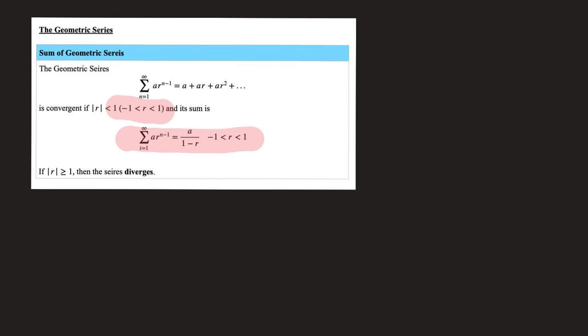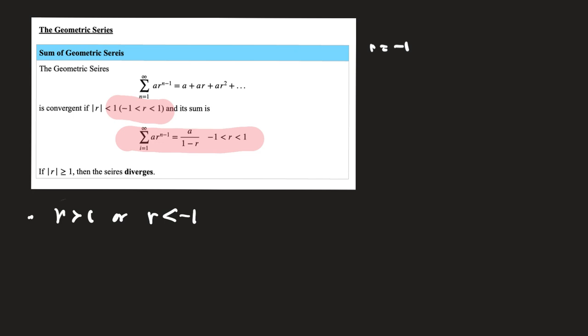And we proved that r equal to 1 is divergent. Now we have the remaining cases: r greater than 1 or less than negative 1, and another case, r equal to negative 1. Let's check r equal to negative 1.